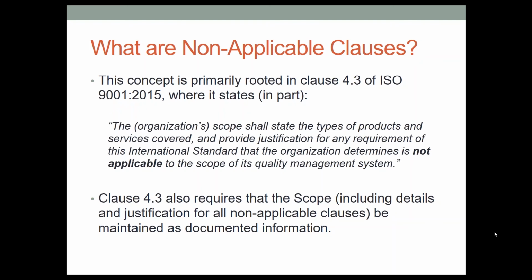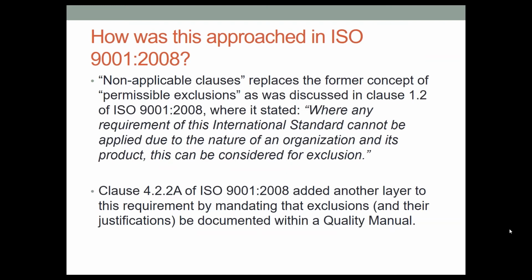Now, how was this approached in the ISO 9001:2008 standard? Non-applicable clauses, that phrase, replaces the former concept, permissible exclusions, which was discussed in clause 1.2 of ISO 9001:2008, and it stated, where any requirement of this international standard cannot be applied due to the nature of an organization and its product, this can be considered for exclusion.